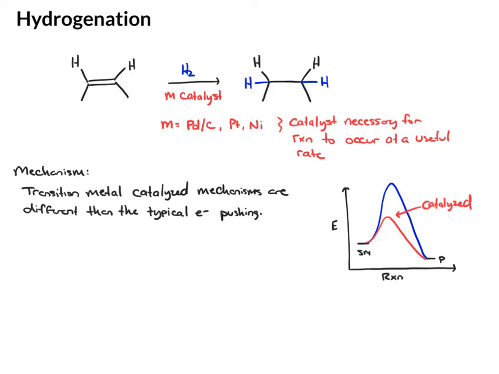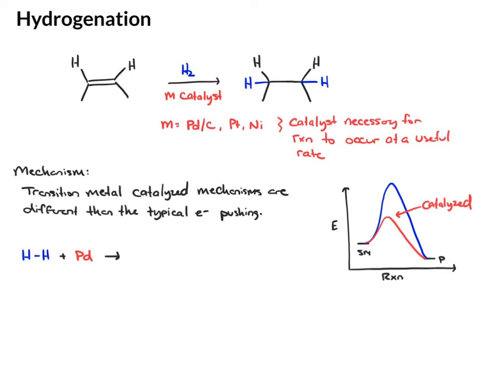So basically what's going to happen is we take the hydrogen gas, and that will interact with the palladium metal, or whatever metal you use. And the palladium actually inserts itself between the hydrogen-hydrogen bond.